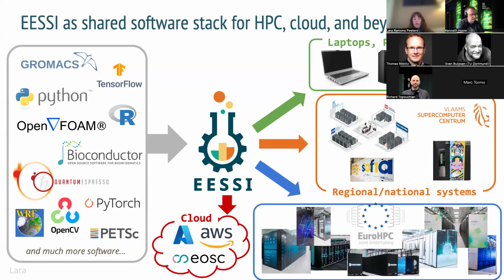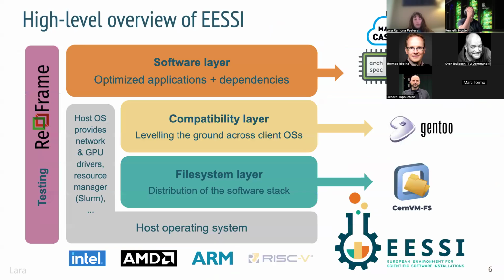Then also in the cloud, you can easily set up a new instance and have software available within minutes on AWS. And then also just your Raspberry Pi. You don't need to compile the software yourself anymore, so you can just run packages like GROMACS, which would be almost impossible to compile on an actual Raspberry Pi. But now it can run.